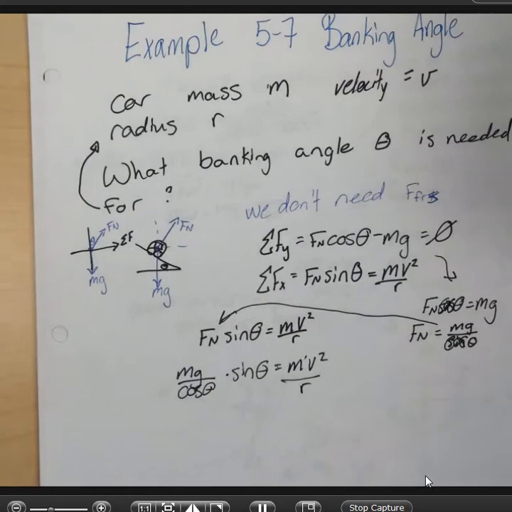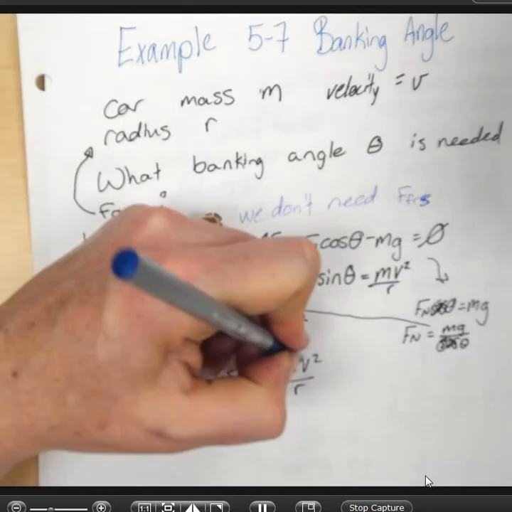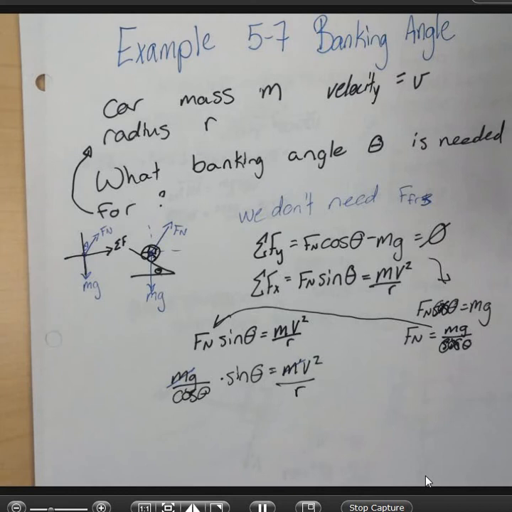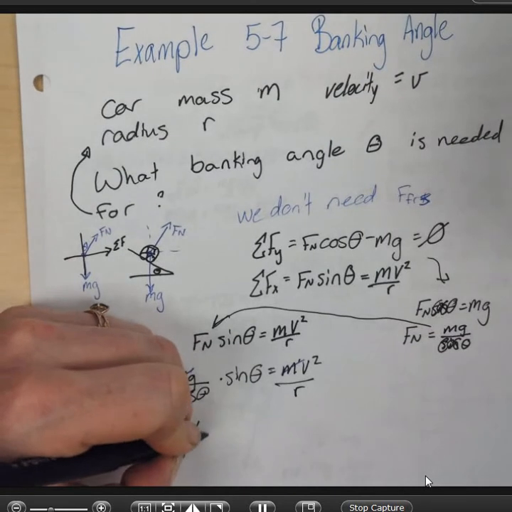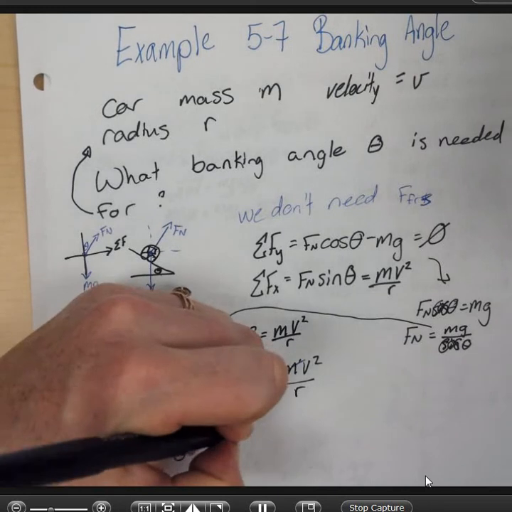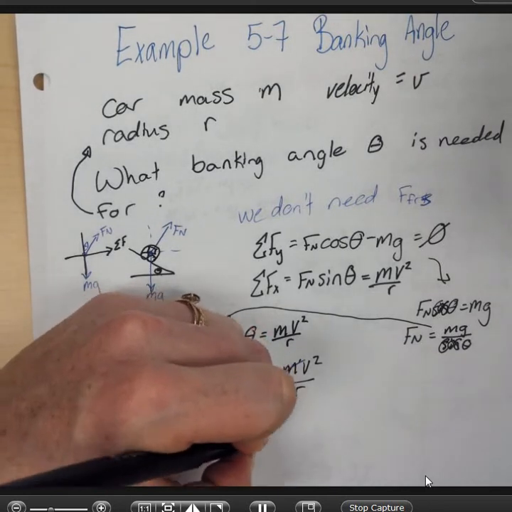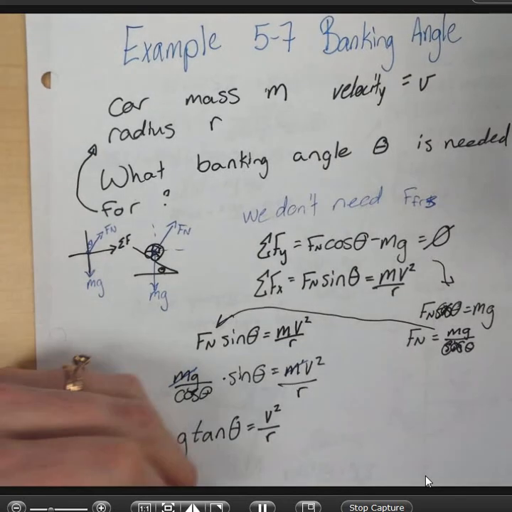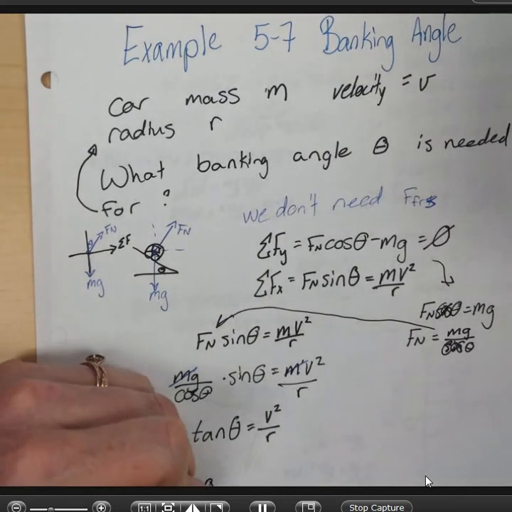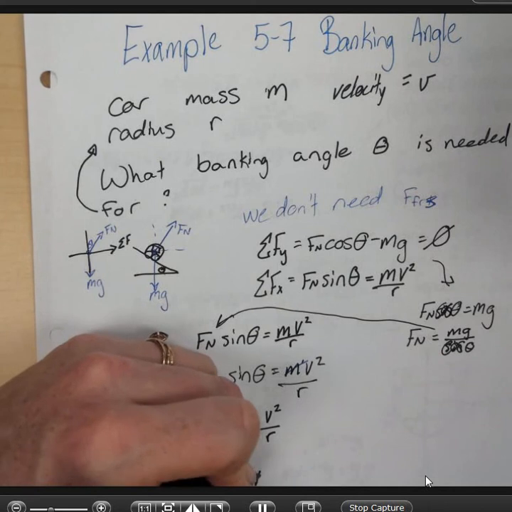Goodbye m's. And then I see another trigonometric value right here, sine over cosine equals tangent, so g tangent theta equals v squared over r. Remember, I'm solving for the banking angle, so I need to move the g over, and I get that tangent theta equals v squared over gr.